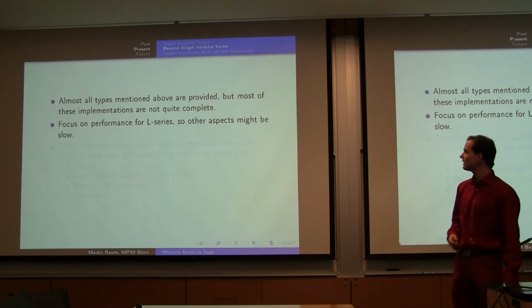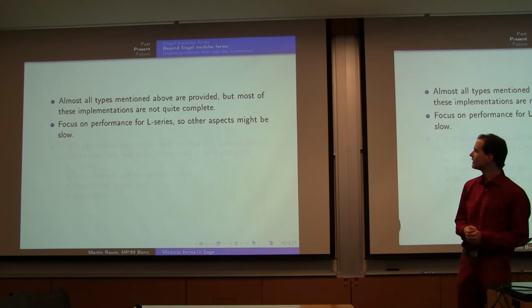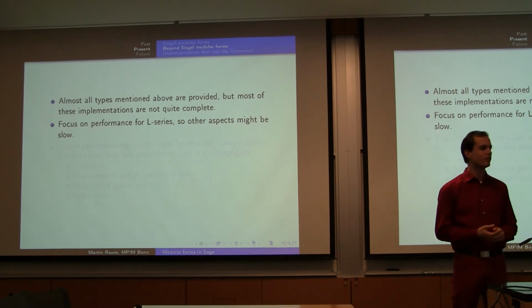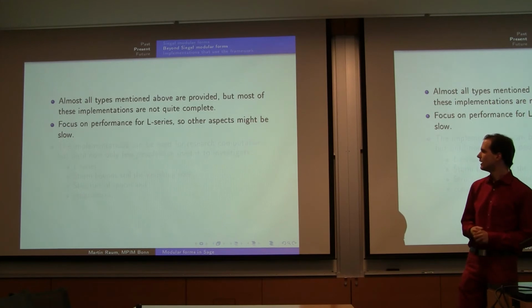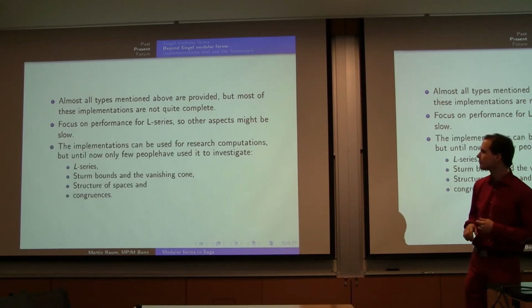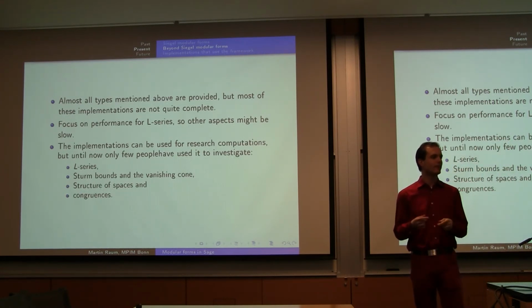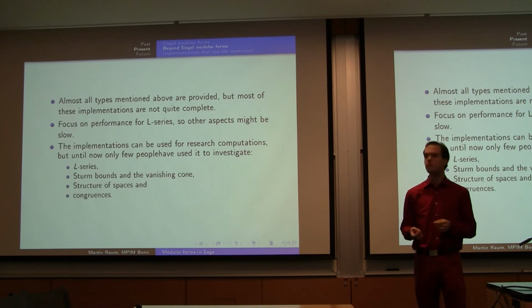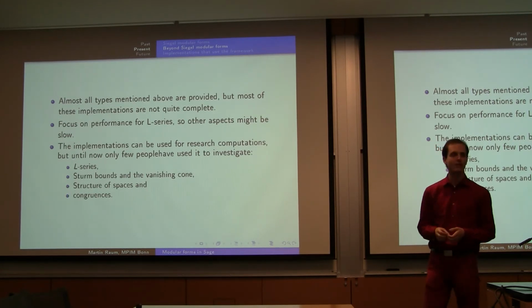And the implementation, that's just because I'm interested in that, is focusing on L-series attached to those Siegel modular forms or orthogonal modular forms, and it's optimized for that. But it's also good for investigating the structure, like the generalization of this Eisenstein product thing, that you can span spaces by products of Maass lifts, for example.